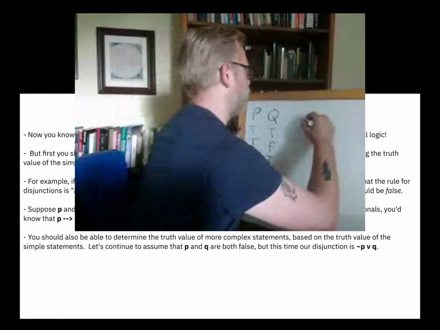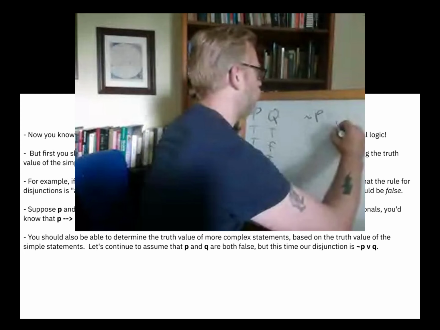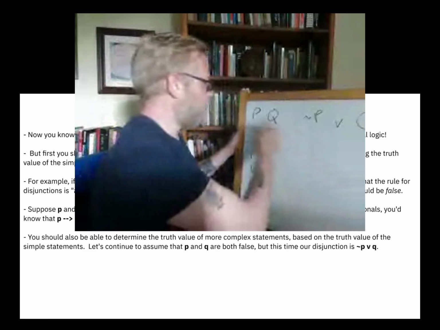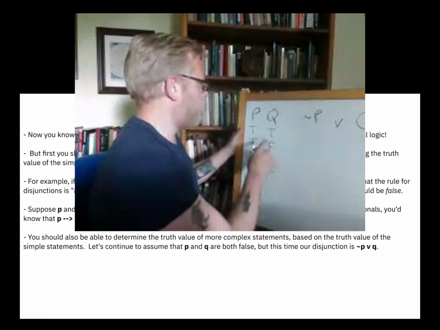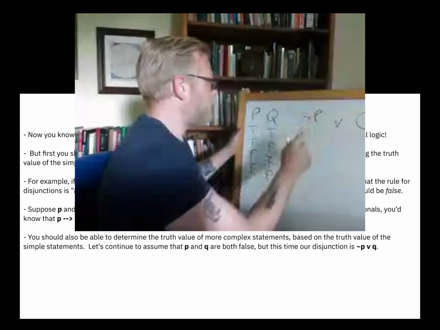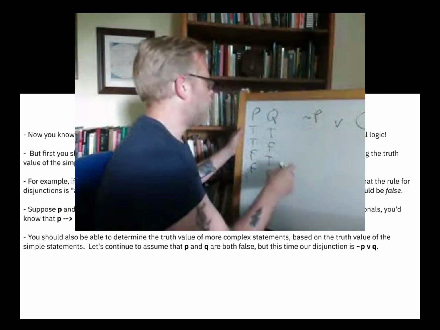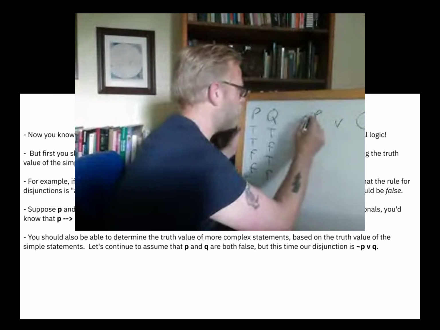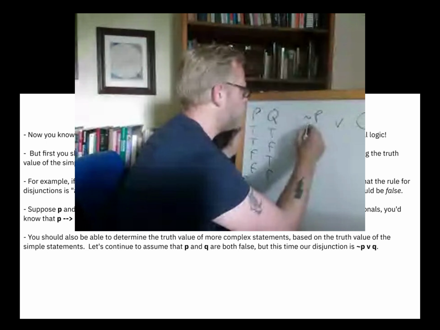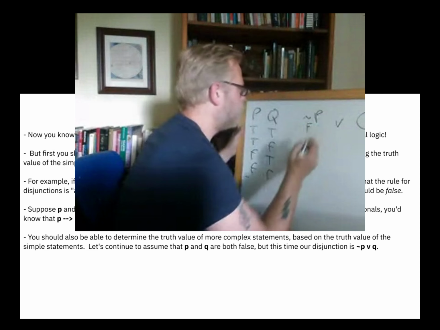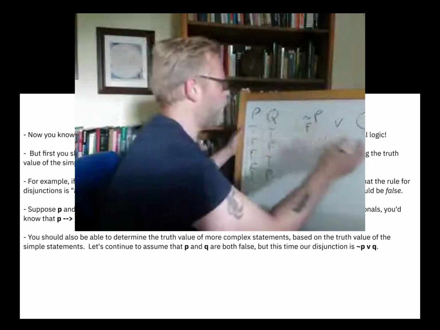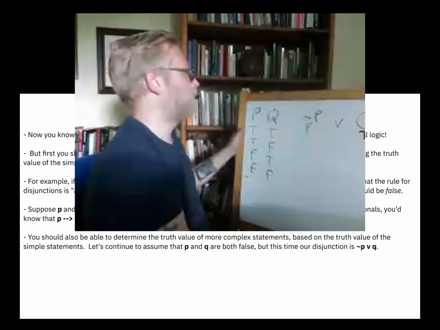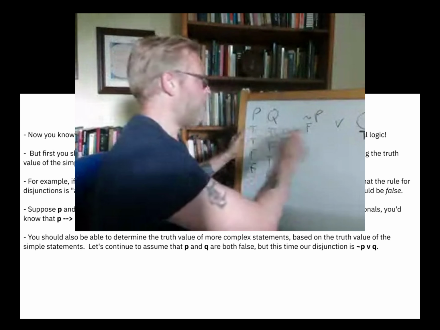Then if my statement is not P or Q, I could just fill it out the same way as normal. P is true, but I'm saying not P. So if P is true, then not P is false. So I could put a little false right here, and I could just put a T underneath Q. That would be world 1.